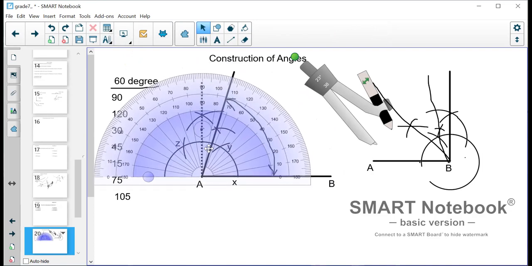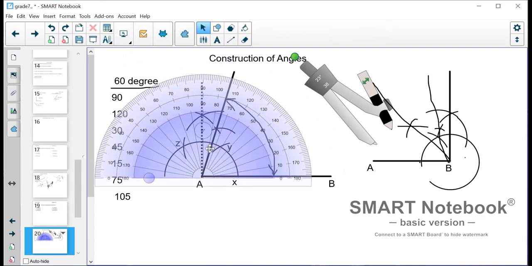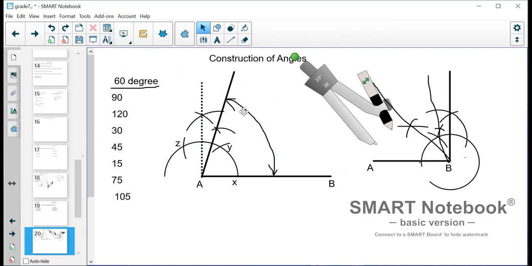It's not 100% accurate in this case, but you can see it's very close. Of course, when you are doing yours, you need to ensure that you get your 75. You see 70 here and you see 80, 75 is directly in between. All right, so that's how you get 75 degrees.